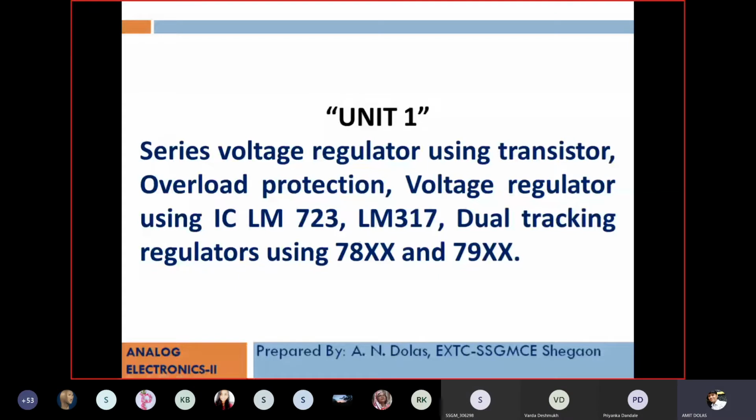So these are the contents of unit number 1.